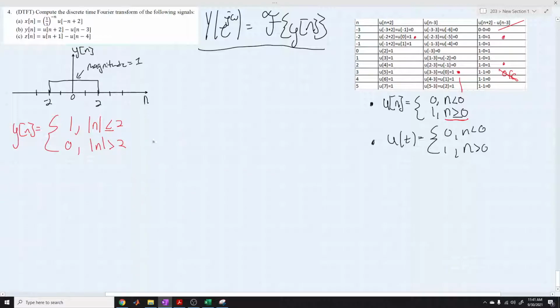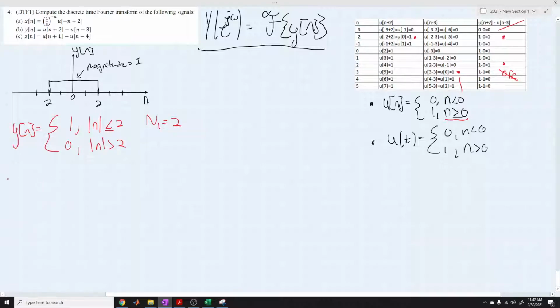Using table 5.2, let's say that big N sub 1 is equal to 2. If you go 3/4 of the way down, you can see that what we have here matches exactly with the table.